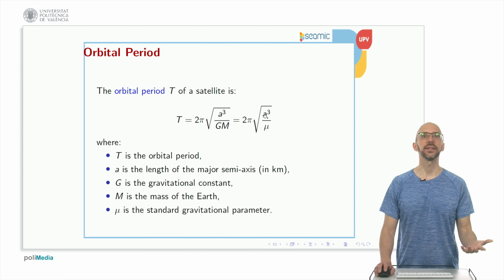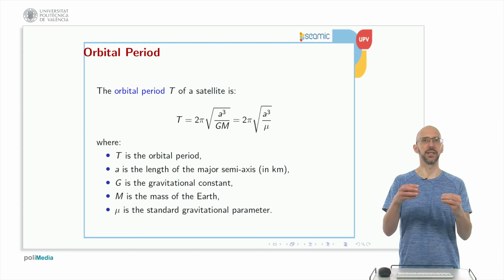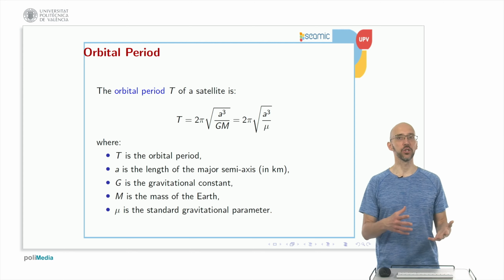Okay, guys, let's see an example. Before the example, it's a function. If we look at this from a mathematical point of view, my interest now is to know a little bit more about this orbital period. Is this function increasing? Is this function decreasing? I don't know.